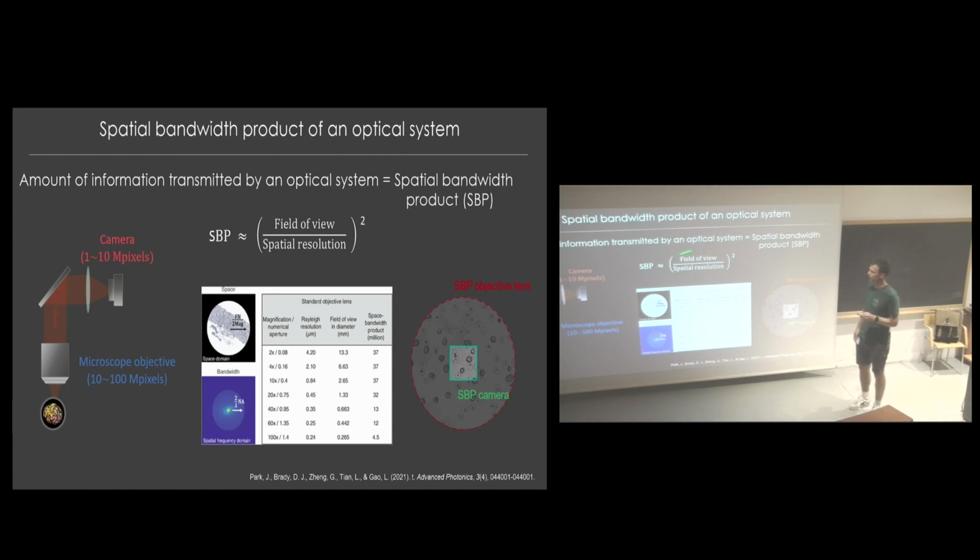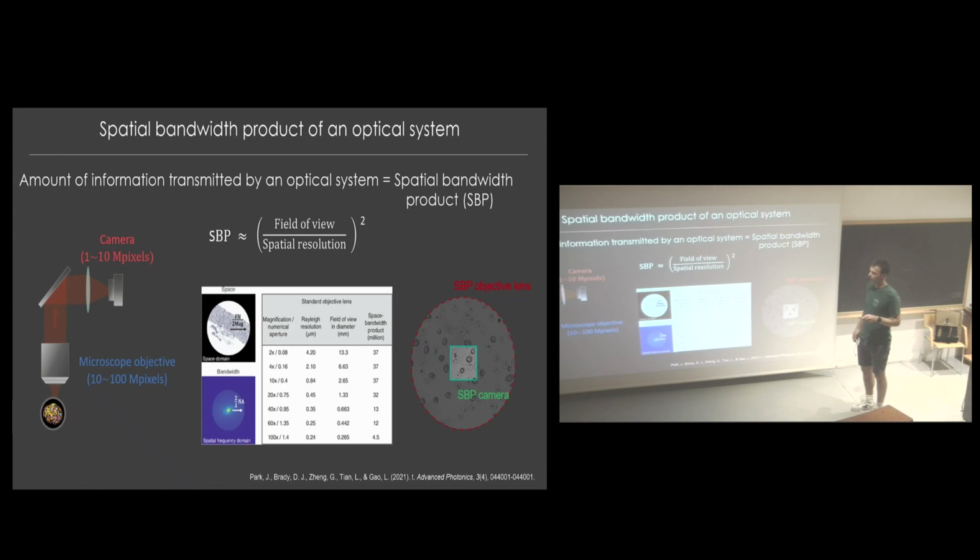There are some prefactors, but basically all the physics is here. If you run the numbers, you can see that for different microscope objectives, this can vary from 4 to 37 or up to 100 million pixels. So a microscope objective can transmit a lot of information.